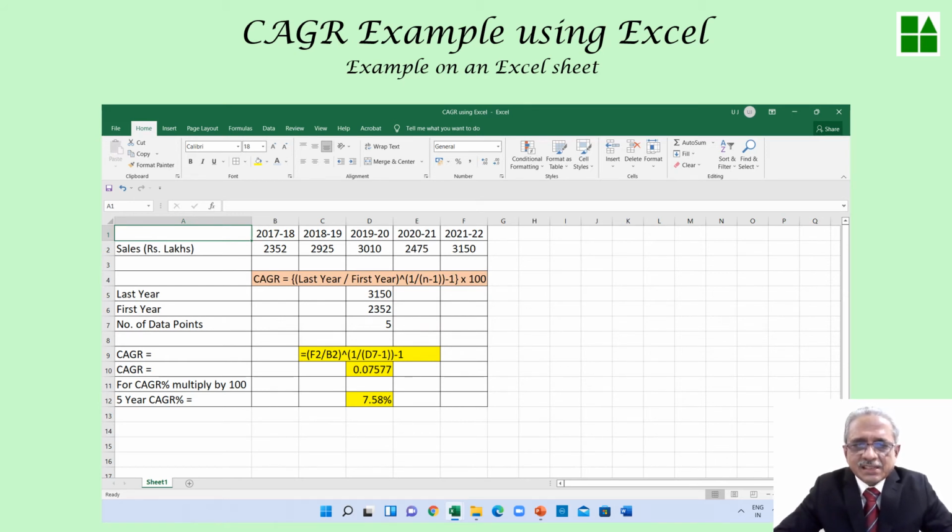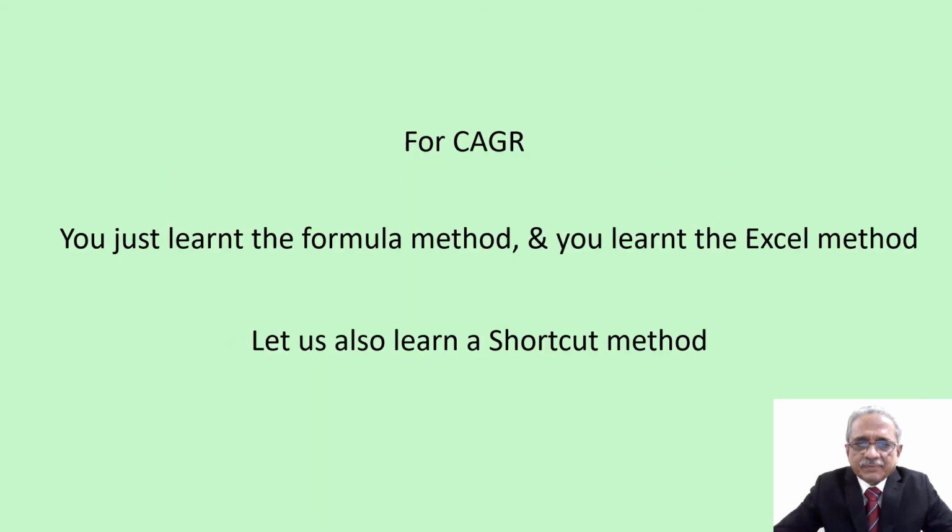If you save this formula and apply it to your work whenever you calculate CAGR, even if you have data of 7 years, 8 years, 9 years, N changes and the data that is shown in the last column is compared with the data in the first column, and you get the figure of CAGR.